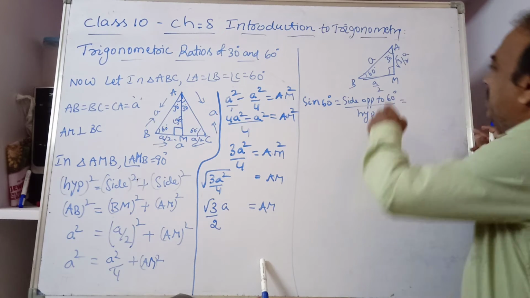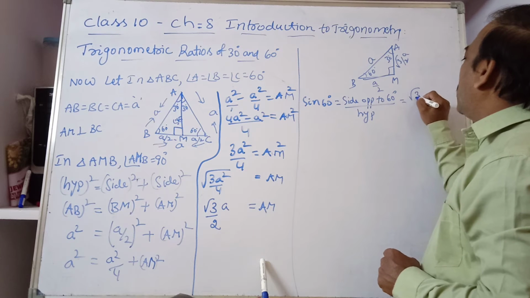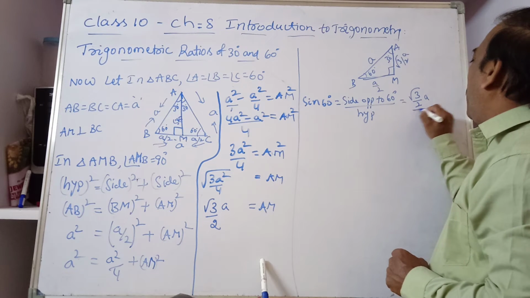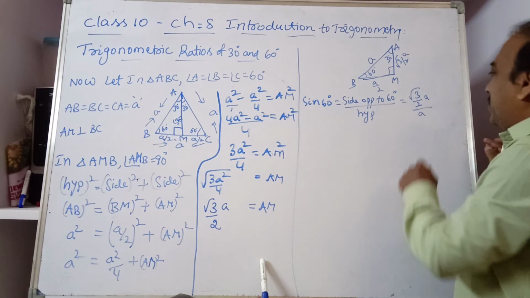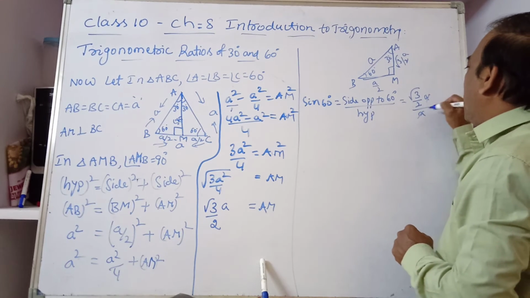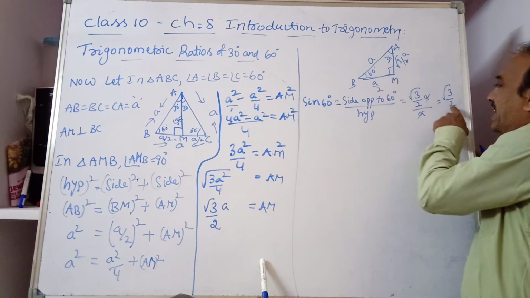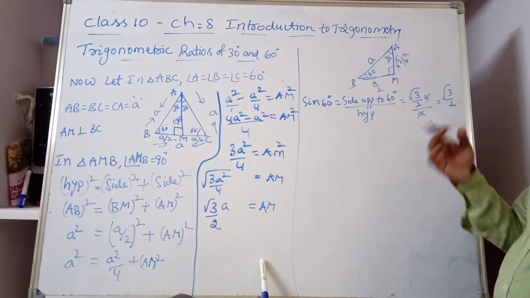What is the side opposite to 60 degrees? You have root 3 by 2 A, by A. So A and A get cancelled, which is equal to root 3 by 2. Sine 60 degrees is equal to root 3 by 2.